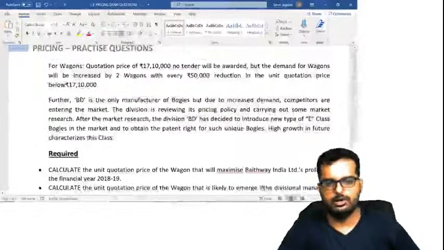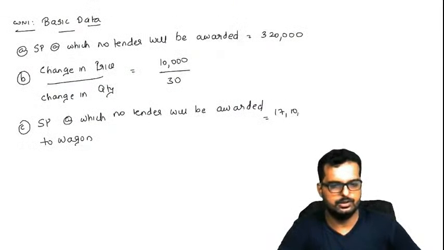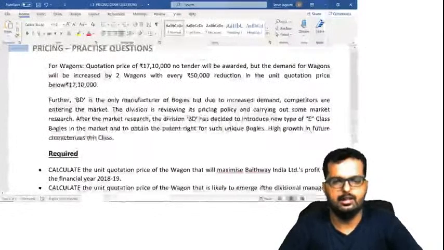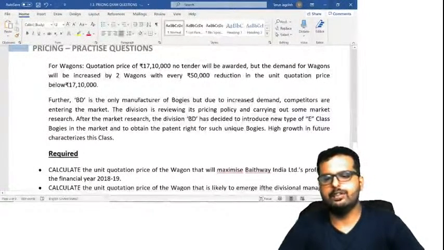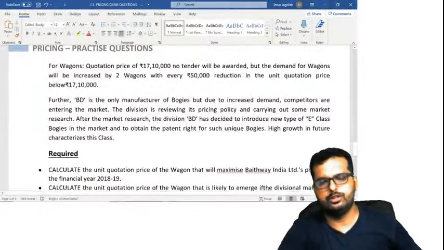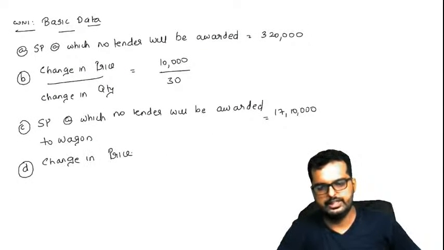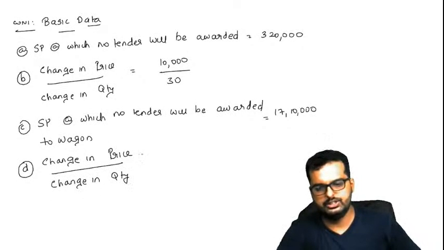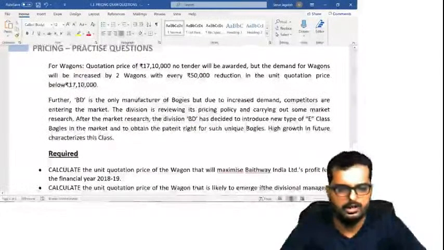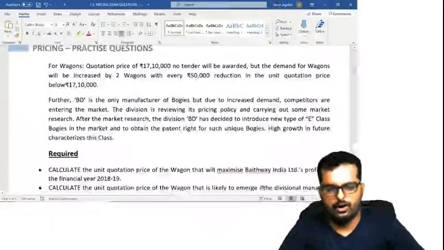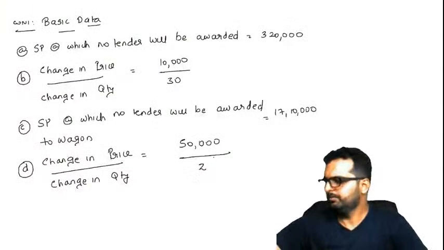Tell me, what is the answer you get over there? Do you get the answer as 17 lakh 10,000? But the demand for wagon will increase by 2 wagons for every 50,000 reduction. So here again, we will have change in price divided by change in quantity. That will turn out to be 50,000 divided by 2. Alright friends, can you please write down till here in your books now?